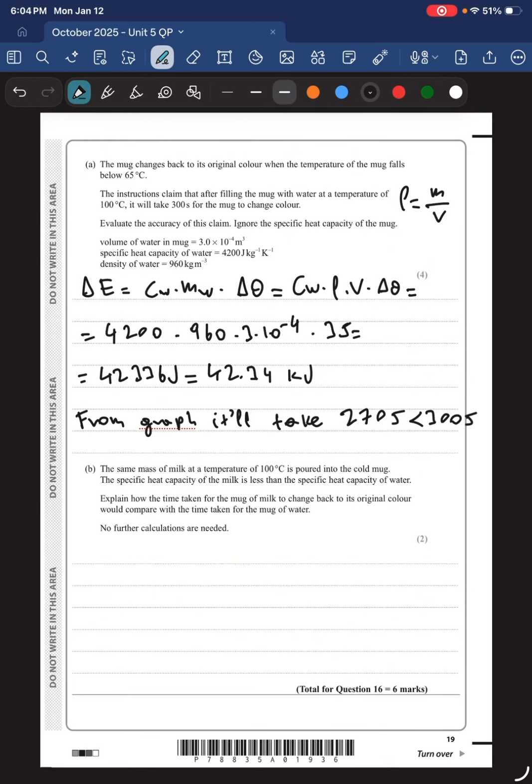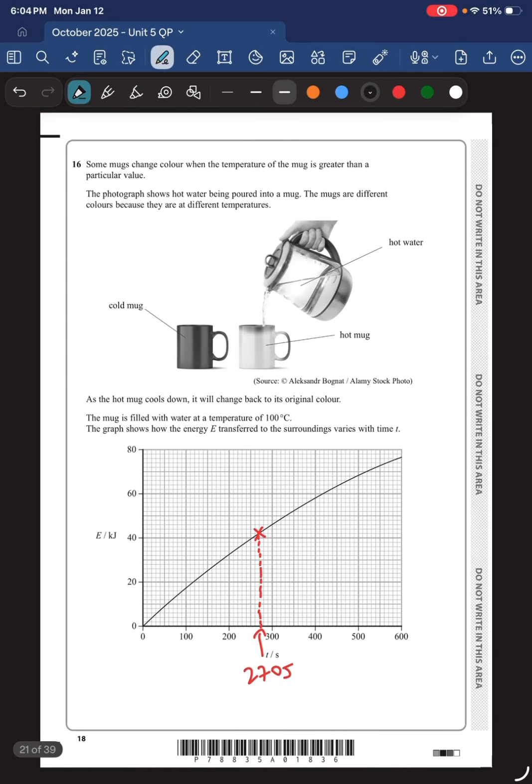So it will take less time, right? Because you can see it from the graph, right?